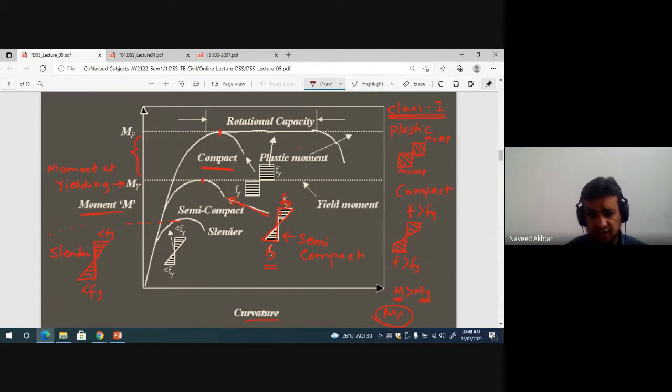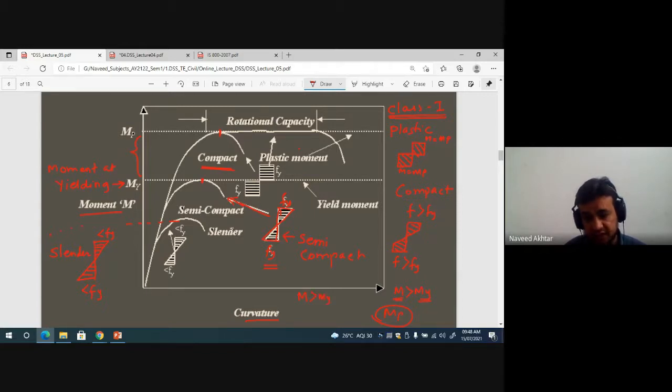For this compact section you may also write it like that: Mp is greater than M, but M is less than Mp. So Mp is greater than M, and M is greater than My.